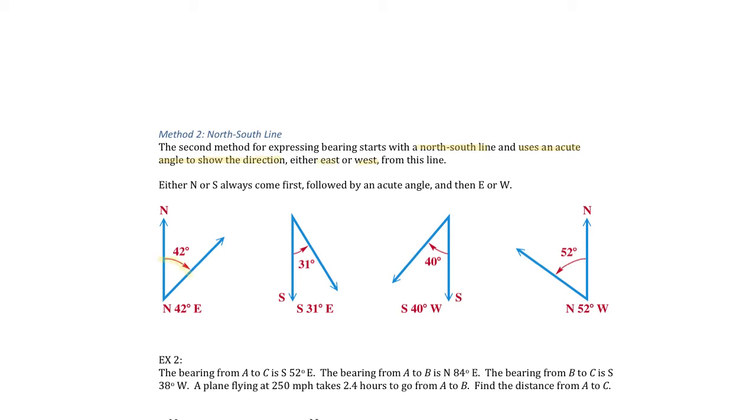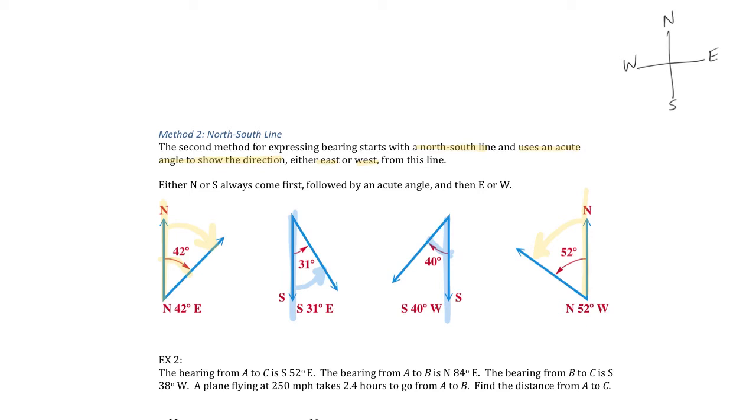You might start looking north and turn towards the east, or start looking south and turn towards the east, or start south and turn towards the west, or start north and turn towards the west. So it's a little bit more confusing. We're always going from north or south, and turning either towards the west or towards the east.